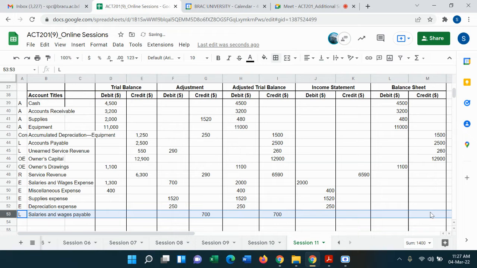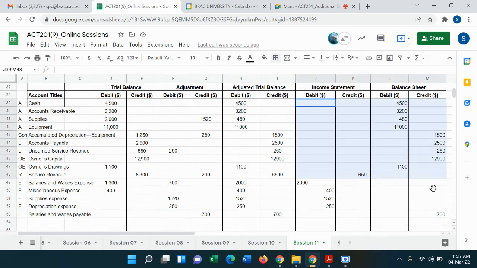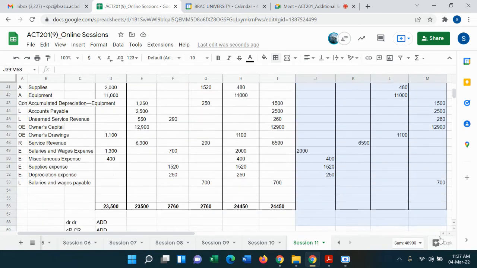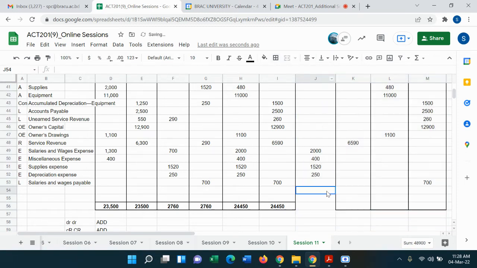Salaries and wages payable, so balance sheet. Like that, we transferred all the necessary information that is available to us. Now what to do? Let us make a subtotal here.